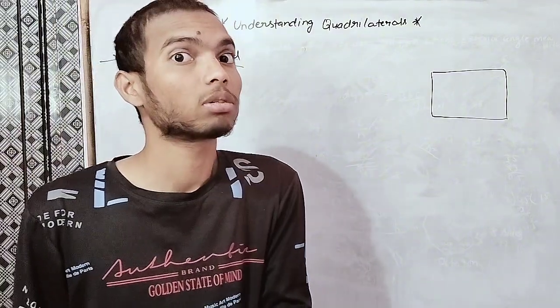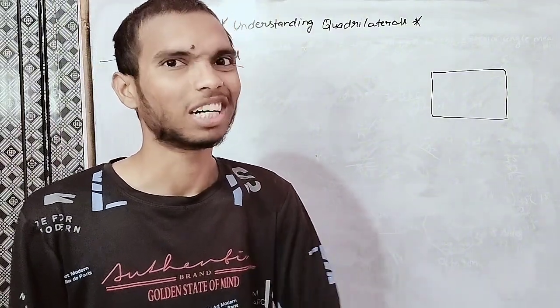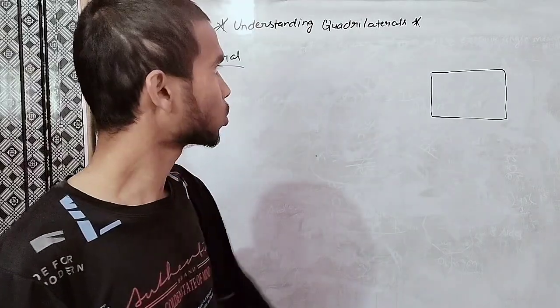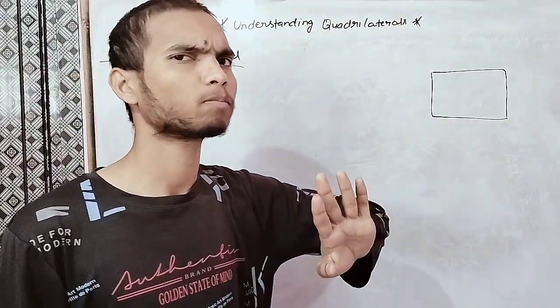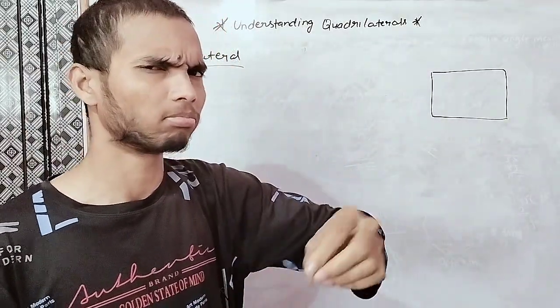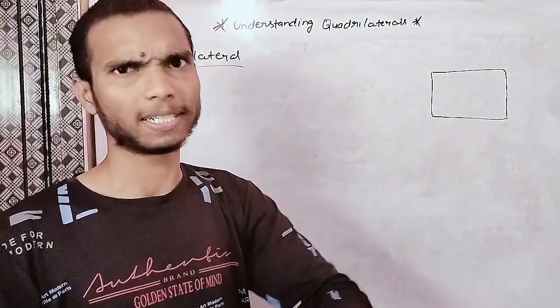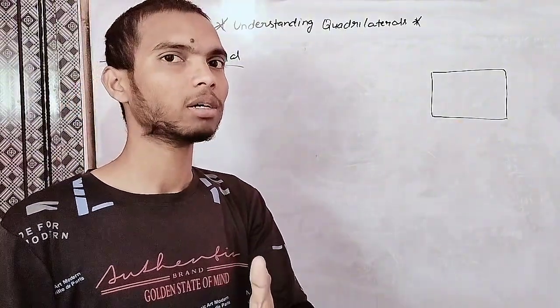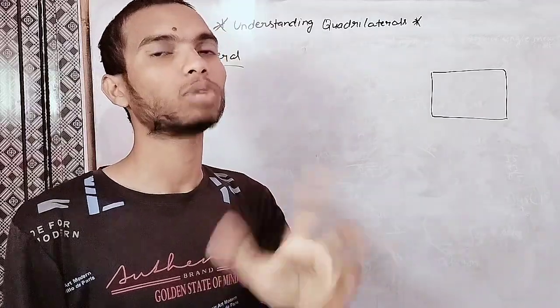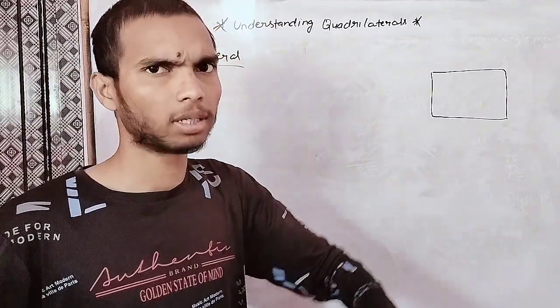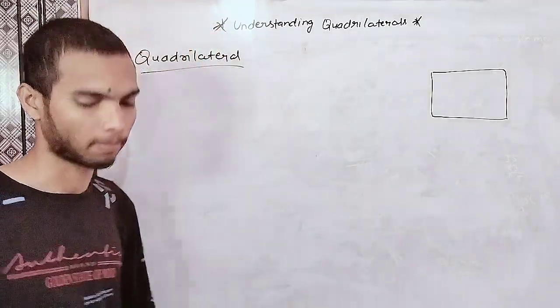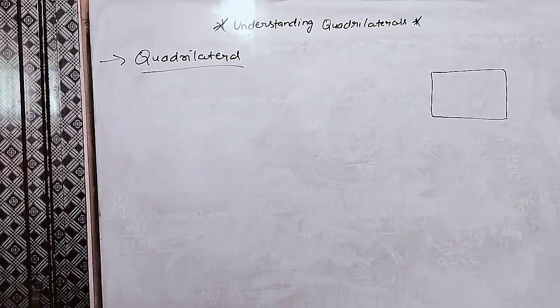There are different types of quadrilaterals. So remember, the main point is that a quadrilateral has four sides, and the measure of angles can be different or the same. Did you understand something?